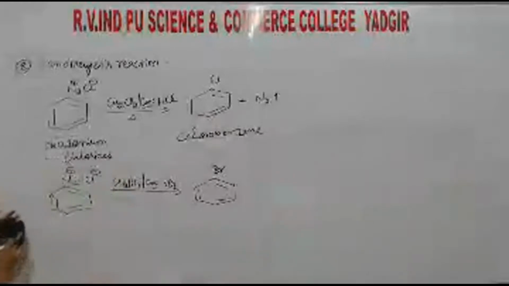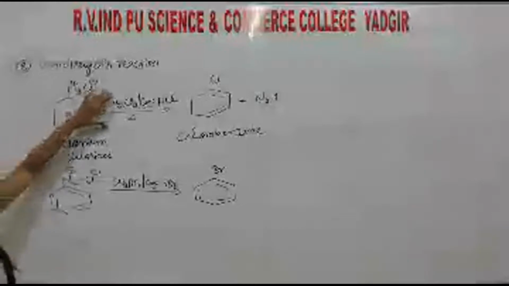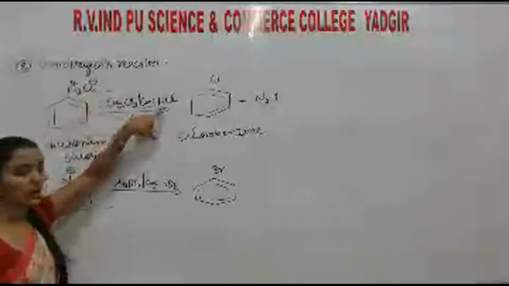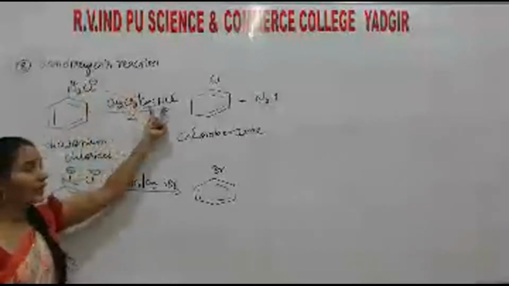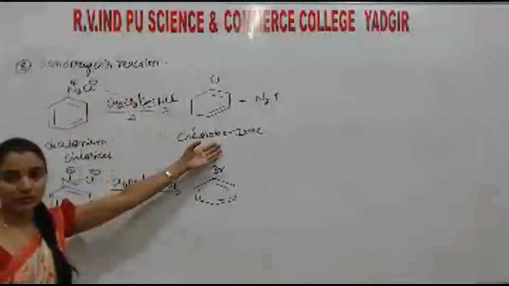So I hope you can explain easily. When diazonium chloride is heated in the presence of copper chloride and concentrated HCl itself, then chlorobenzene will form.